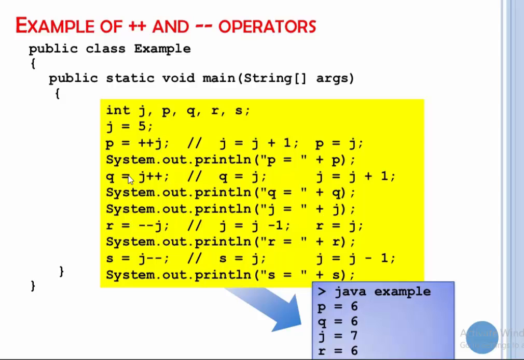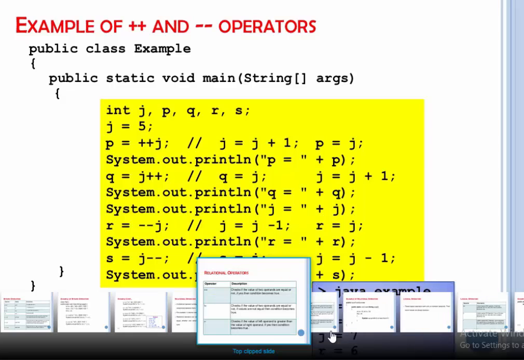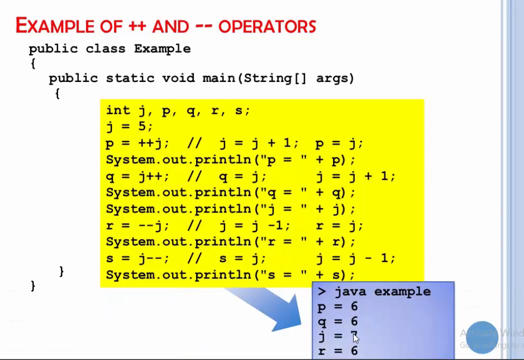When we execute this, it will print 6 again. But when you print the value of j, it will print the value of j as 7, because it has been incremented 2 times. In that case the value of j becomes 7.